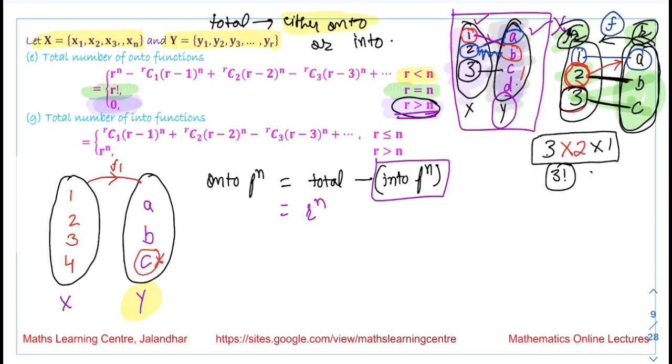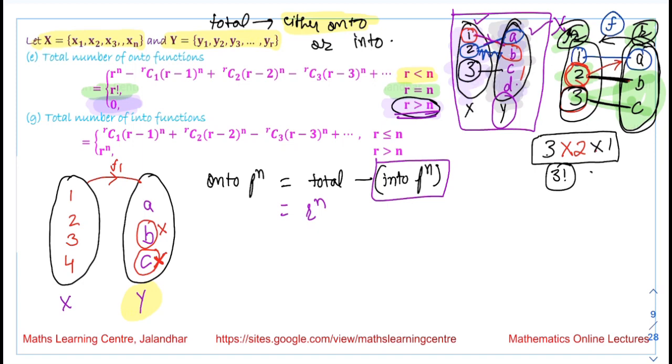We are counting how many cases there are. There is a case when this element C will not have an image, only one element not having an image. There can be a case when B is not having a pre-image. So how many ways are there?